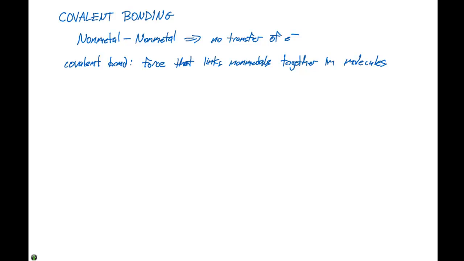So in this case, atoms are held together by shared pairs of electrons. And this shared pair of electrons is called a covalent bond.